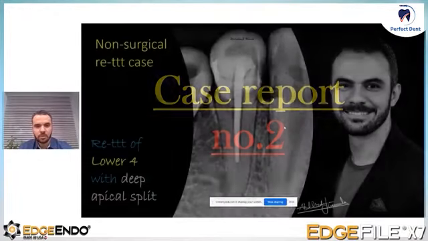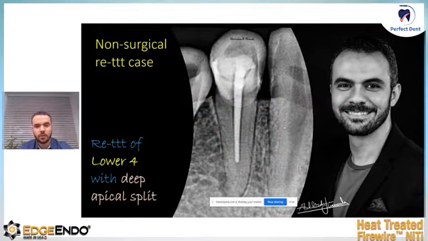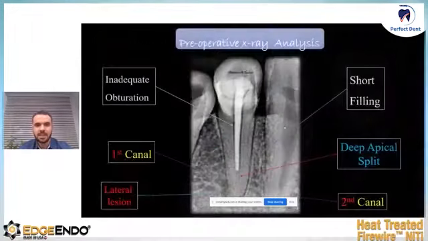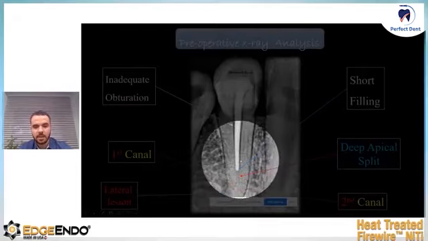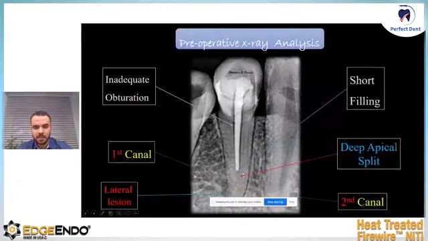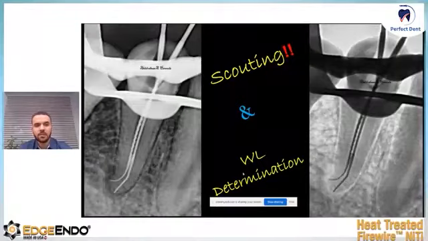Case report number 2. Non-surgical retreatment case of lower 4 with a deep apical split. Analysis of the preoperative X-ray shows short filling and a deep split in the buccal and lingual canals. The gutta-percha was removed with rotary files, and scouting of the canal was done with K files 8, 10, and 15.